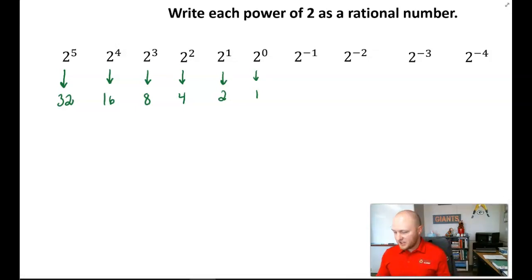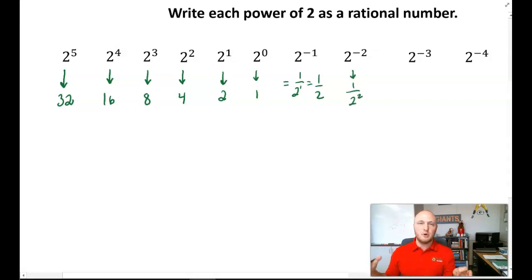Now I'm going to go back to the negatives. So 2 to the power of negative 1. Well, this is 1 over 2 to the first, which is just 1/2. 2 to the negative second. Again, I'm going to take the base and the exponent and move it into the denominator. I'm taking the reciprocal, and I'm making that exponent positive now.